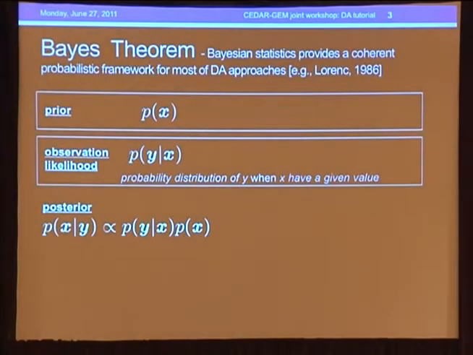There are many different kinds of data simulation schemes and inverse methods. One really convenient way to understand it is Bayes' theorem. It's a really basic concept in statistics, and I'm going to go over this. What Bayes' theorem says about how to combine these two sources of information is, let's say you have prior information, which stands for a probability distribution of the temperature of this room.